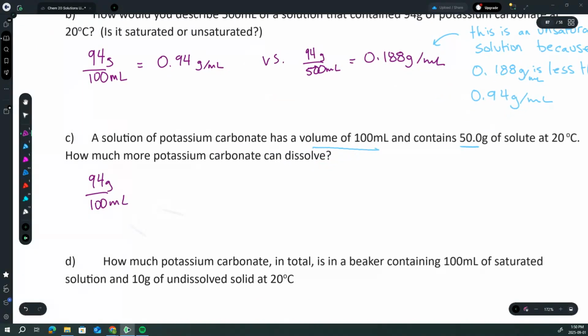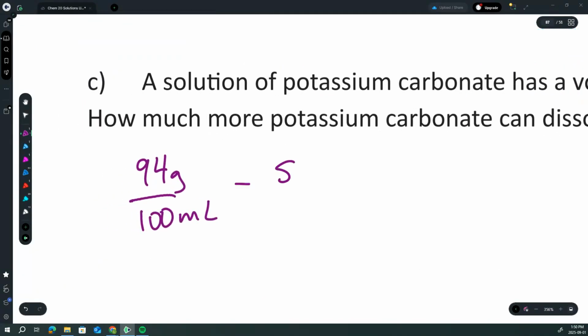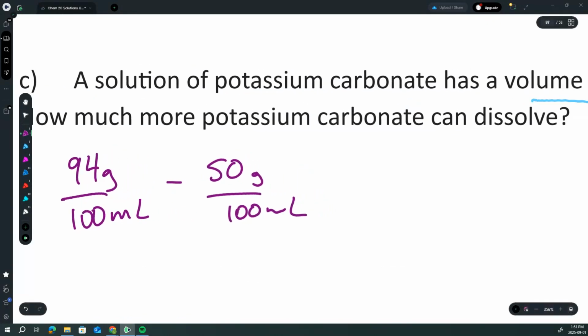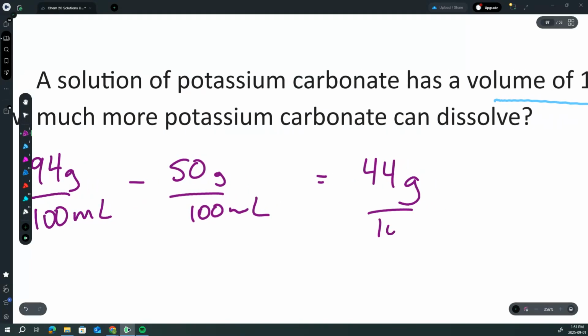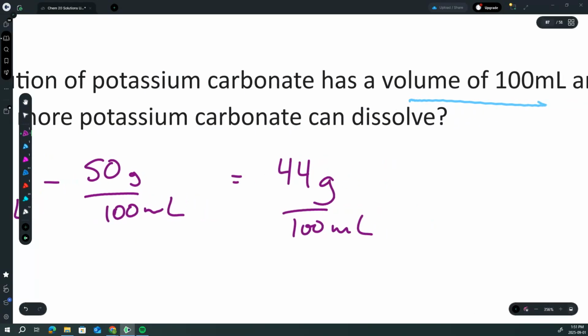Okay, so minus 50 grams per 100 milliliters. So essentially what we have left is we can dissolve 44 more grams per 100 milliliters.